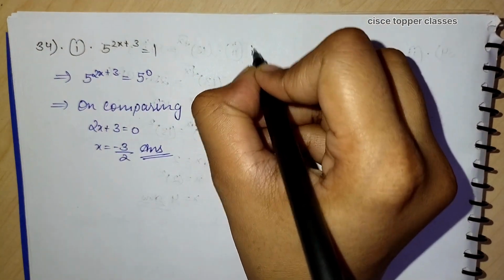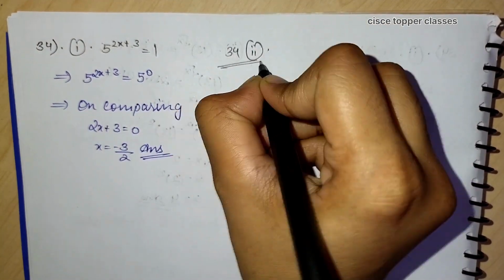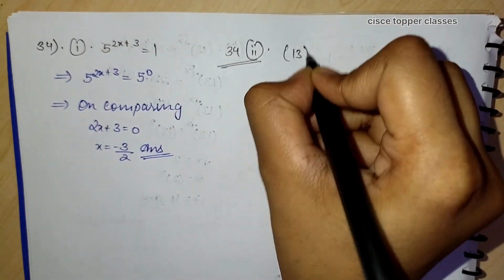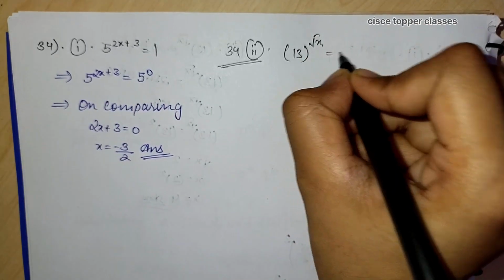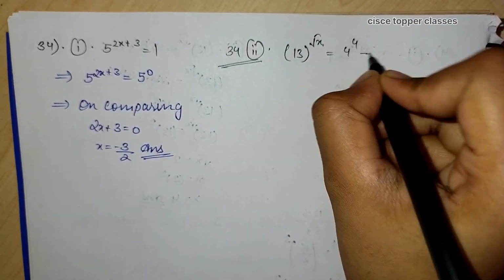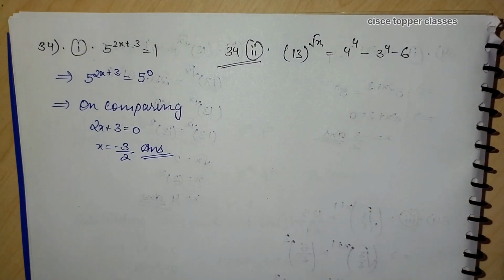Now, the second part of the 34th question is 13^(root x) equal to 4^4 minus 3^4 minus 6.